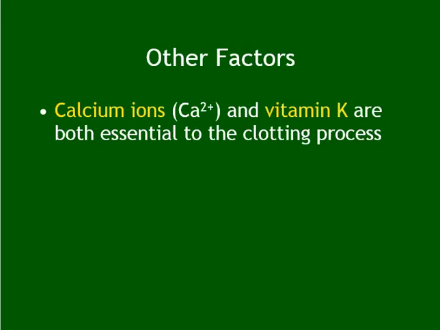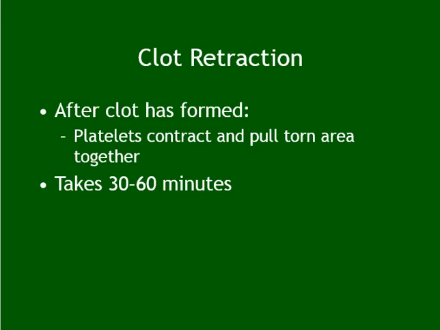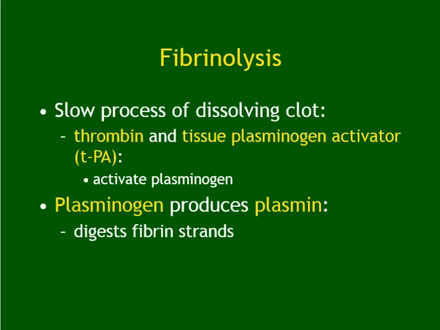Protein C, prostacyclin, you need calcium, and you need vitamin K. So if any one of these factors is not available, that will make abnormal clotting, delayed clotting, a dysfunctional problem. If you have less vitamin K, less calcium, less protein C, prostacyclin, okay? Then clot retraction will occur, and after that, it will be removed.